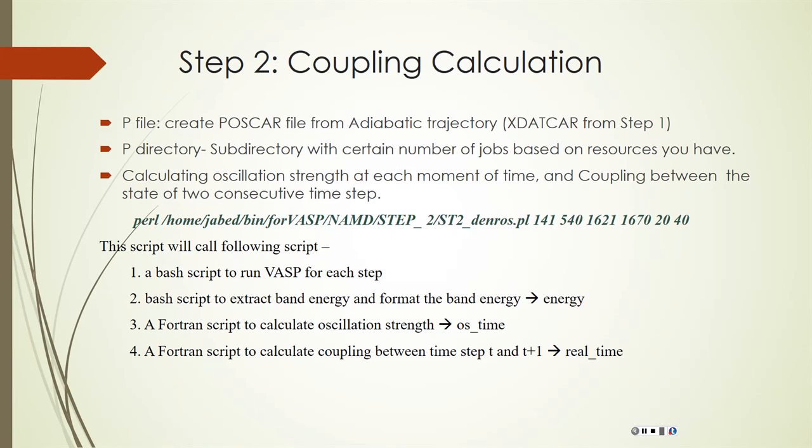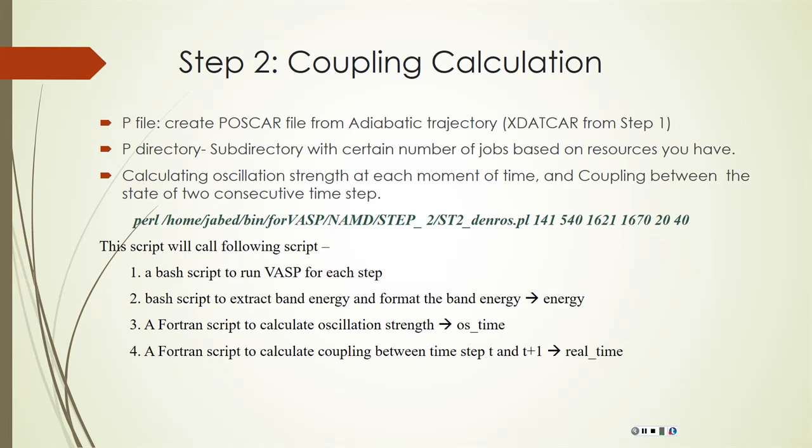And in this script, there is another script, the formatting energy. Your HOMO is 340? Yeah, 340, and 341 is the LUMO orbital. Then it will call another bash script, which is just formatting the energy.